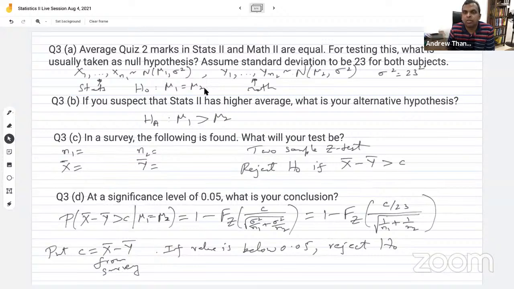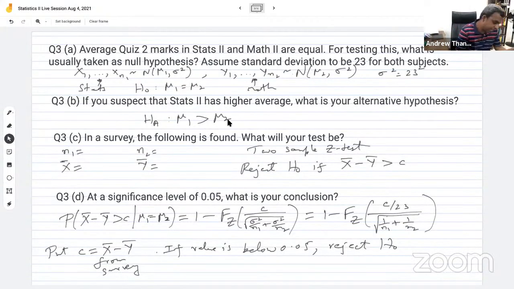This is how my solution looks. Once again, the setting is that there are N1 samples from one distribution, which is for stats, and N2 samples from another distribution, which is for math. This is the survey that I'm going to do. I've been told that the standard deviation is 23, and my null hypothesis is mu1 equals mu2. If you suspect stats 2 has a higher average, mu1 is greater than mu2, and we did a survey.